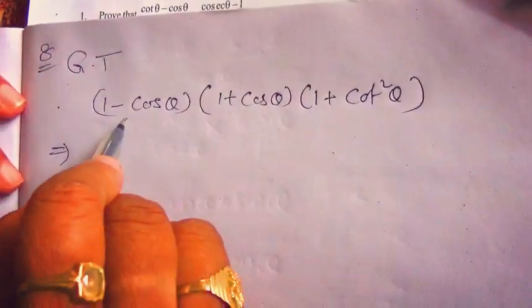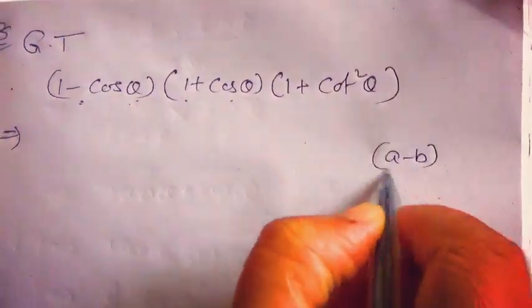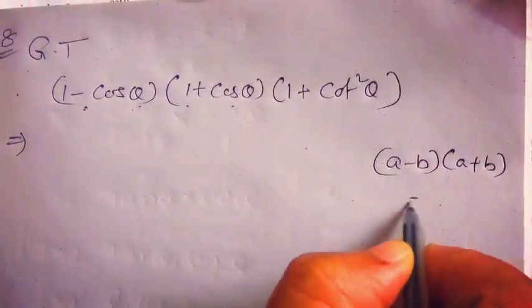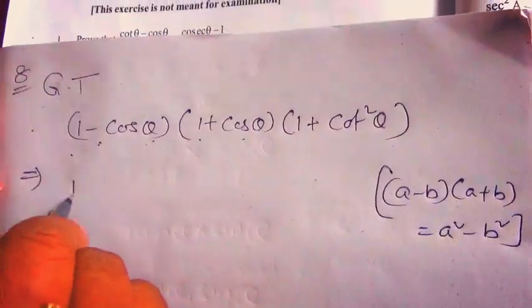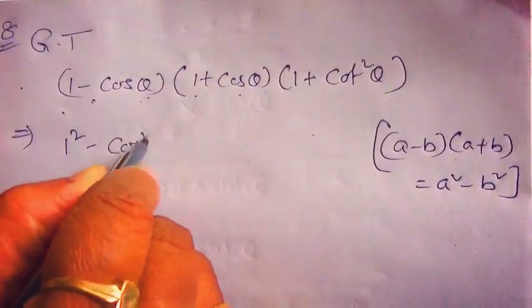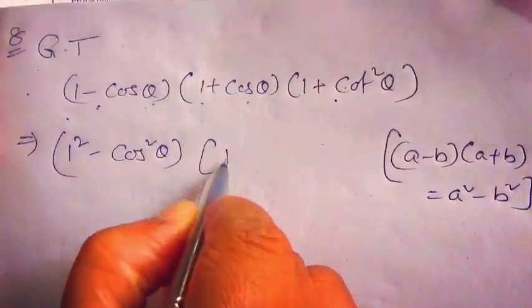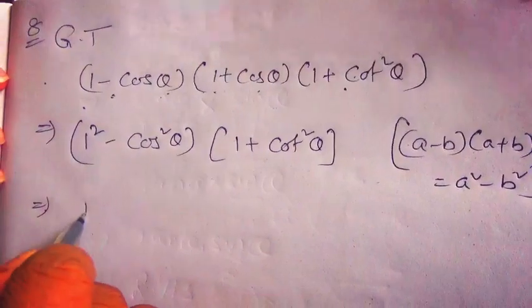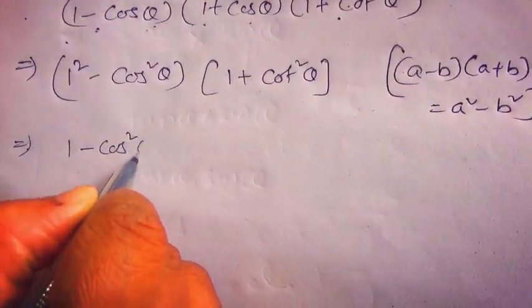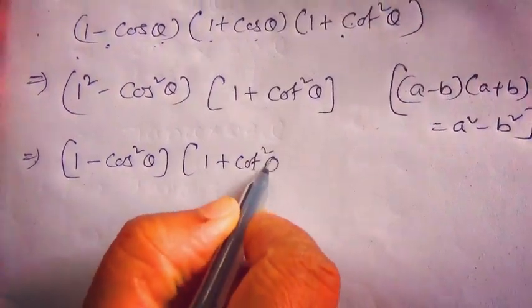Look here, it is a minus b into a plus b, which is equal to a square minus b square. That is 1 square minus cos square theta. So here we write in the same way. That implies 1 minus cos square theta into 1 plus cot square theta.